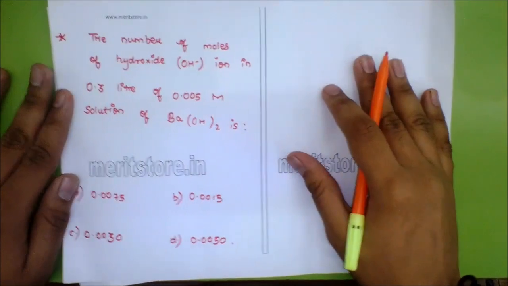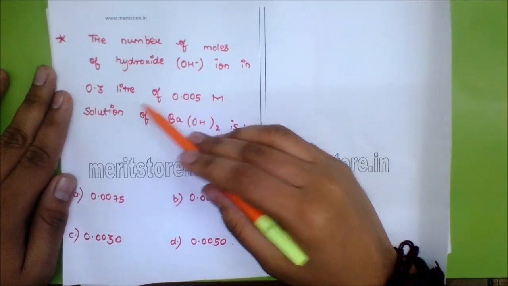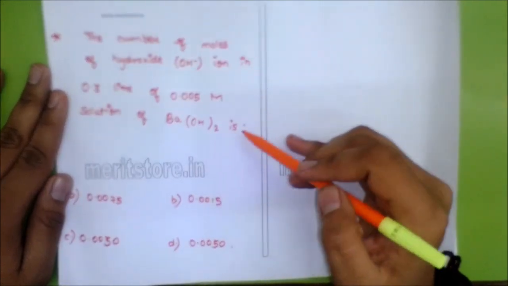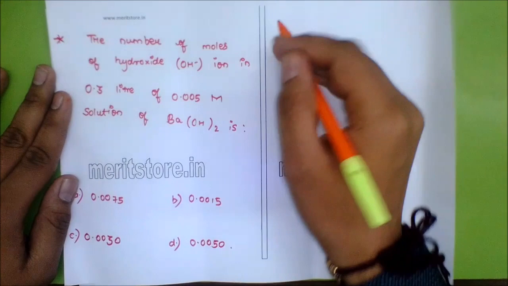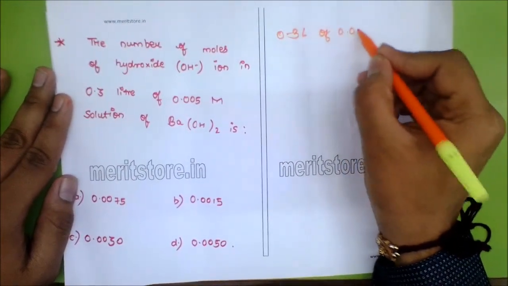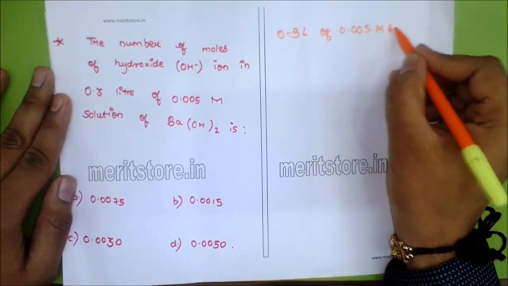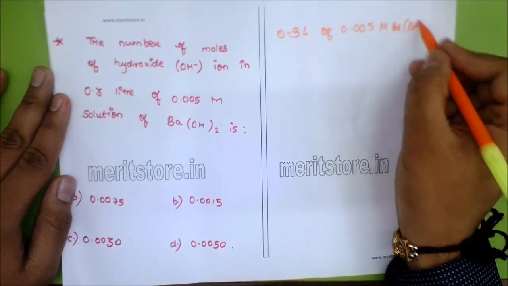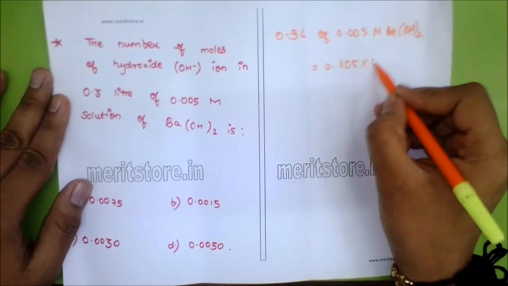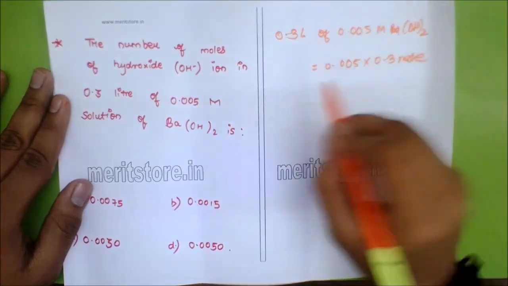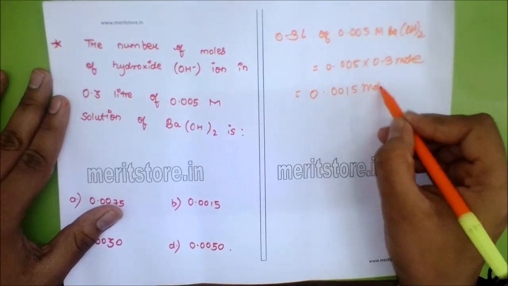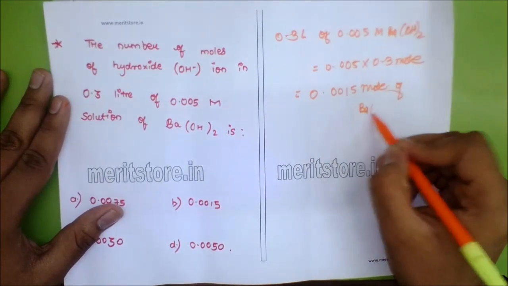The number of moles of hydroxide ion in 0.3 liter of 0.005 molar solution of Ba(OH)2 is. Now to solve this question, we know 0.3 liter of 0.005 molar barium hydroxide solution contains 0.005 into 0.3 mole, which is equal to 0.0015 mole of Ba(OH)2.